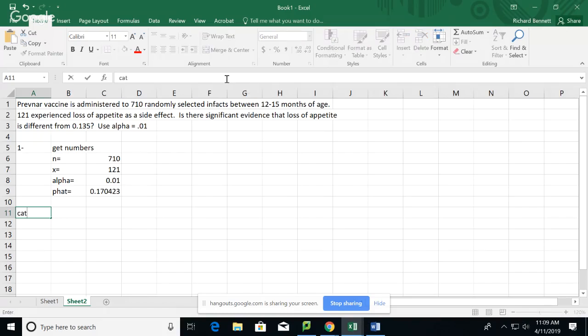Categorical or quantitative? It's going to be categorical.